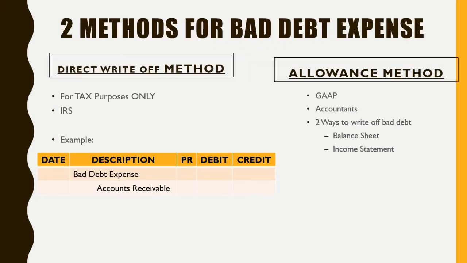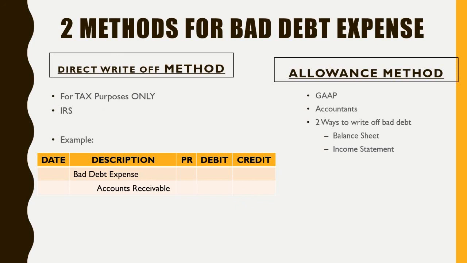Okay? So this is what happens when we look at the allowance method. There are two ways to write off bad debt. Sorry, excuse me, I said allowance method. There's one where you're writing it directly off from your accounts receivable. And that's a big no-no, because in this class we are bookkeepers. We are not certified tax accountants.